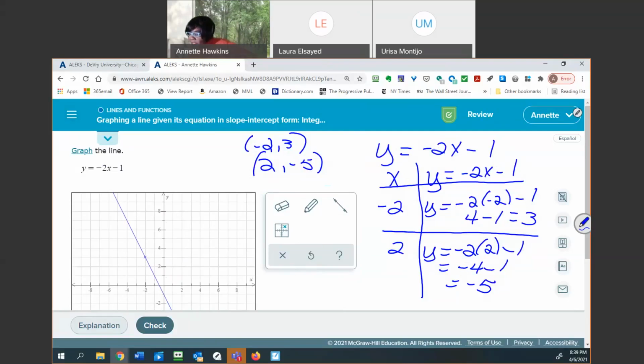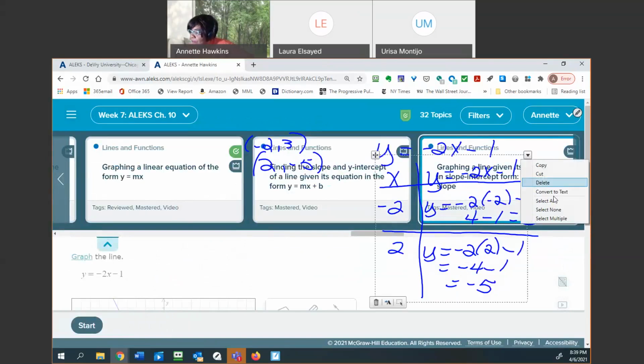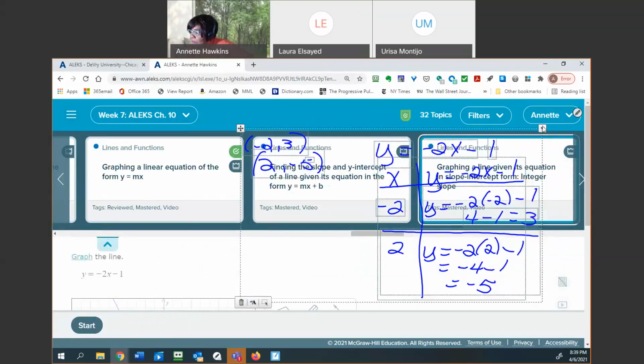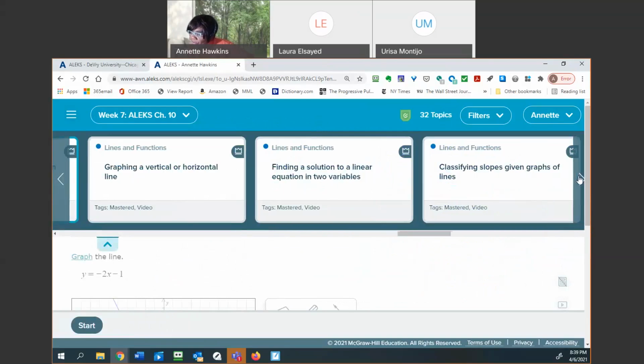All right, let's go back to that. I saw the fractional one. That was integer.